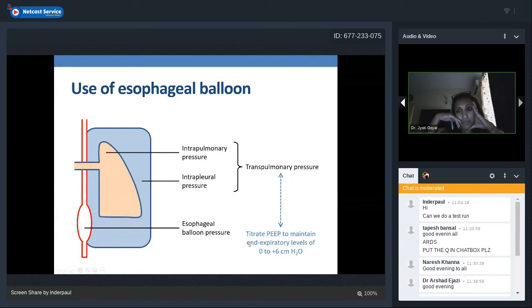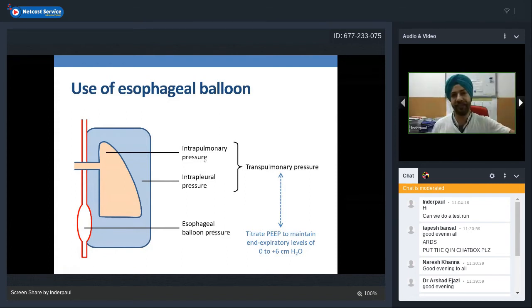So you can titrate the PEEP so that you are able to achieve a PTP peak. Mind you, I showed you in one of my previous slides. Just remember PEEP and PTP peak, which is the transpulmonary pressure at the end of expiration, and it should be more than 0. What does that mean? I will again explain. Normally the pleural pressure is negative, and generally it is never above the intrapulmonary pressure.